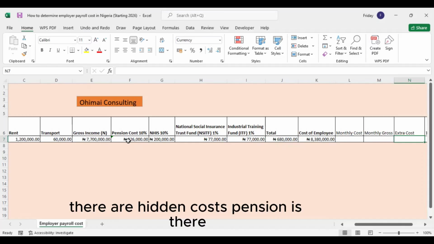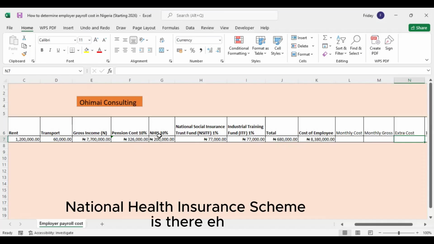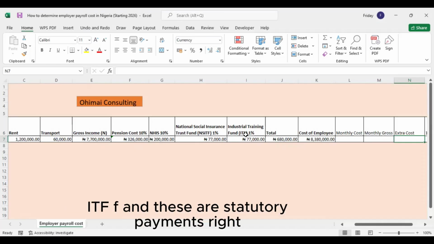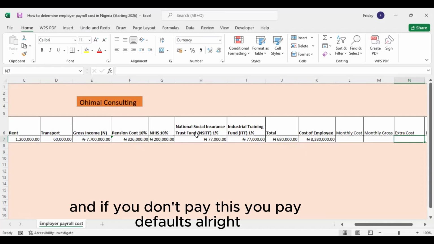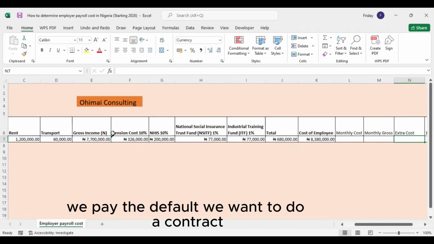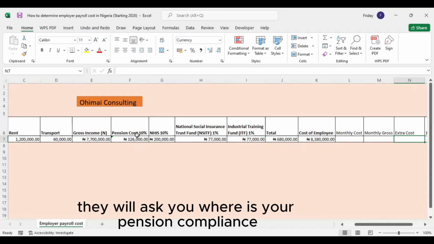There are hidden costs. Pension is there, National Health Insurance Scheme is there, NSITF is there, ITF is there, and these are statutory payments. And if you don't pay these, you pay defaults. You want to do a contract, they'll ask you, where is your pension compliance?